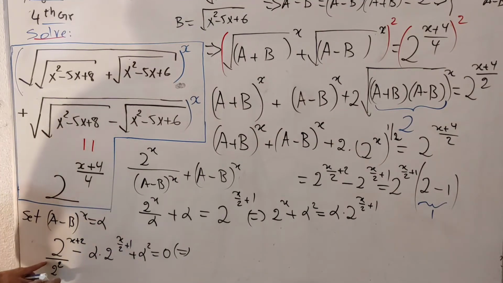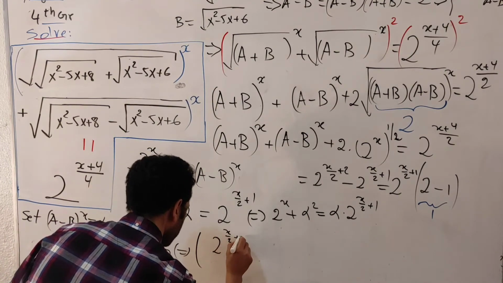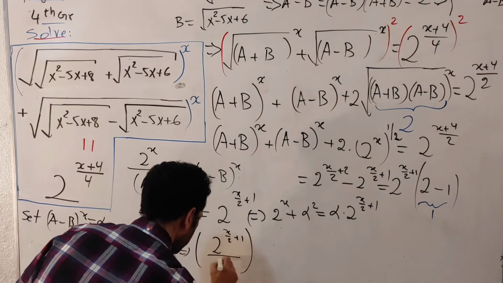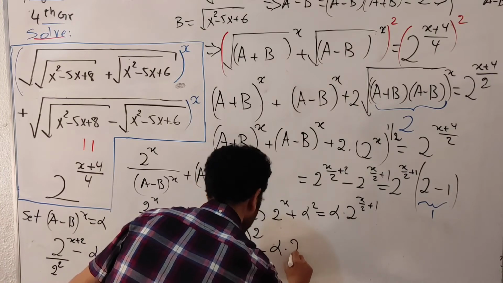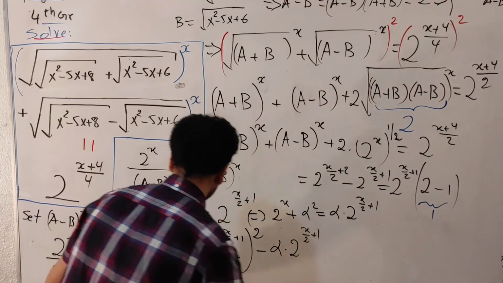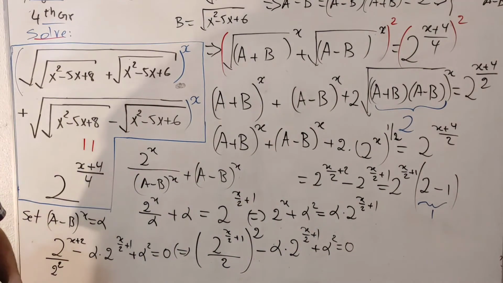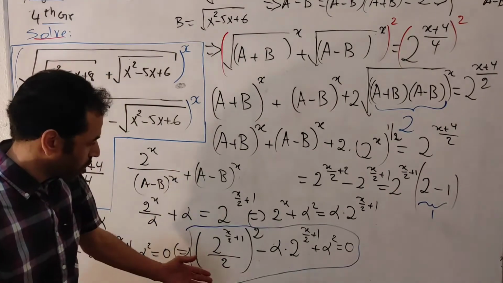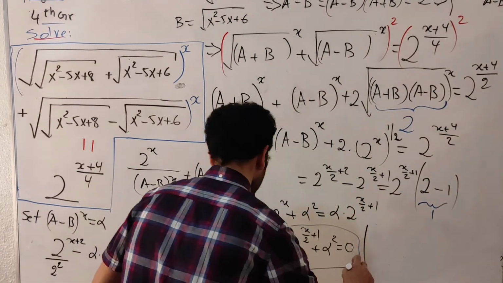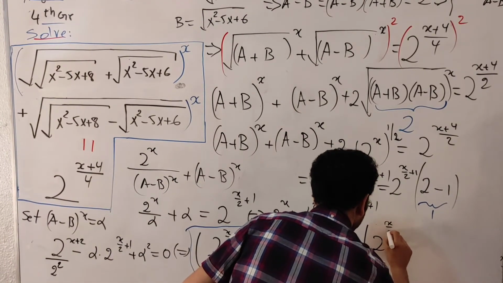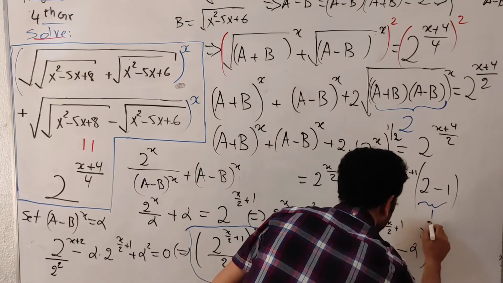It will be written in this form: 2 to the x over 2 plus number 1 over 2 squared, minus alpha multiplied by 2 to the x over 2 plus number 1 plus alpha square equals 0. If you take a look carefully at this expression, it is written in the form of a quadratic binomial squared. So this one turns into 2 to the x over 2 plus number 1 over 2 minus alpha, squared, equals 0.